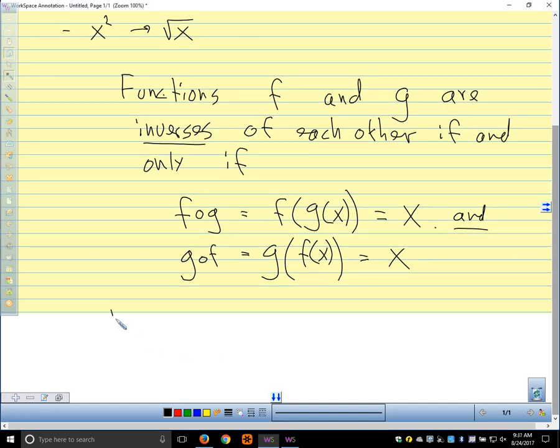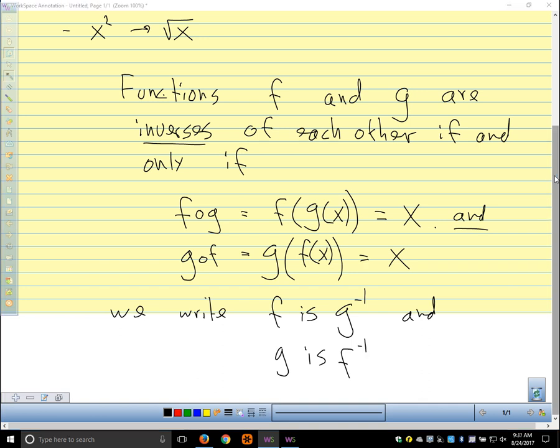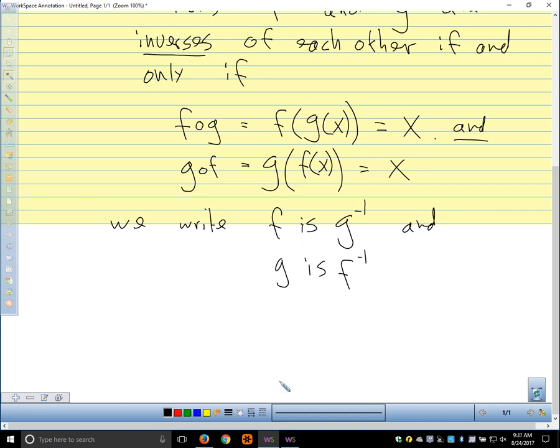And we write f is g inverse and g is f inverse. So they're inverses of each other. That -1 power is how we write inverse functions.